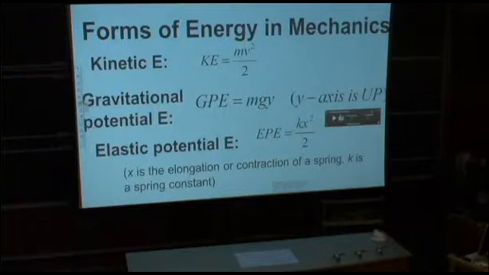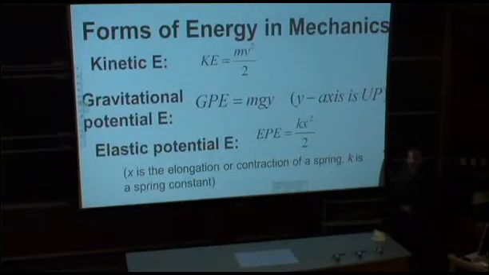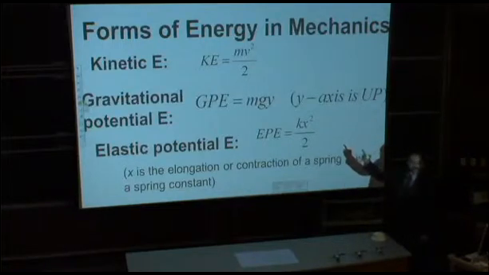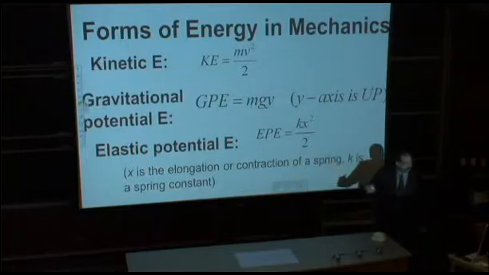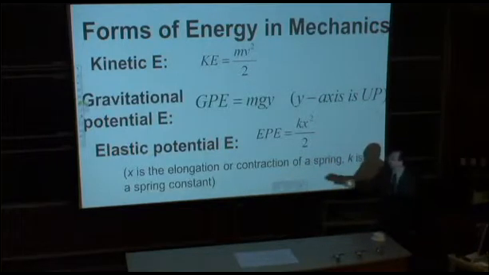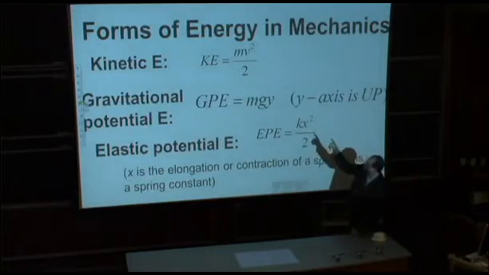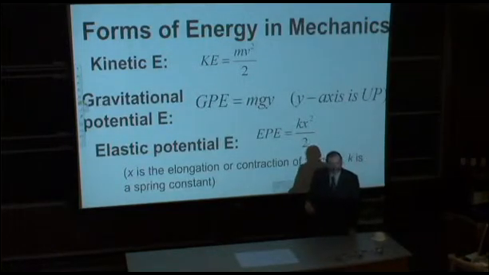These are the forms of mechanical energy. The kinetic energy is never negative. Mass is never negative. Velocity, well, that's a vector, but if we square it, that gives a positive number. So mv squared over 2, that's what we call kinetic energy. This equation is a definition of kinetic energy.